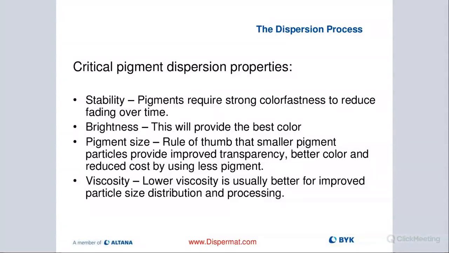We can work with lower and higher, but this viscosity range is really good for putting in the right amount of energy that helps us break up these binding forces. If our viscosity was super low, like water, then it's very difficult to put in a lot of energy.